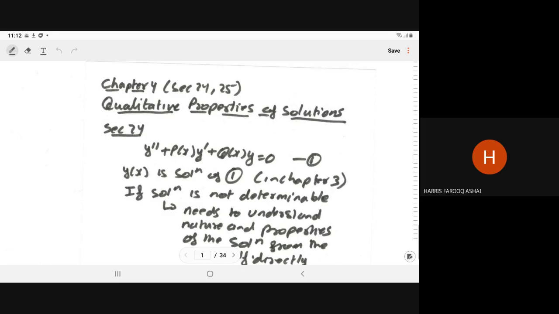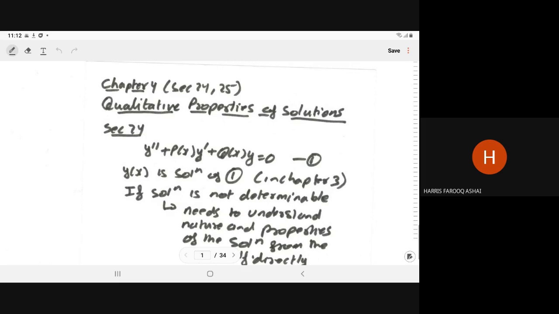So will all the equations be solvable by elementary functions? There are so many equations which we cannot solve. So if we cannot determine the solution, can we judge something about the solution?